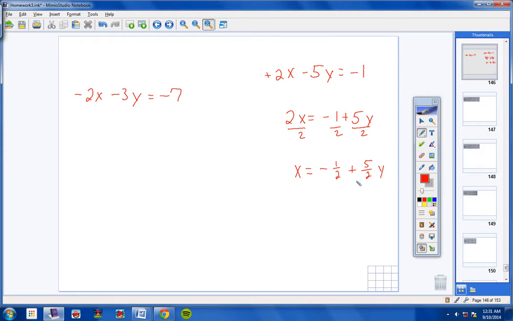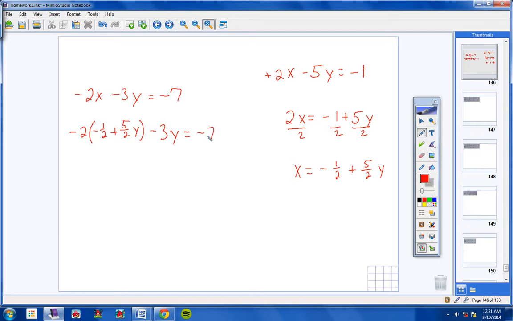Negative 1/2 plus 5/2 y. So I have negative 2, then I have an x, so I'm going to put a parentheses, and then negative 1/2 plus 5/2 y. Now, all of this here went in for x, okay? And then bring down your negative 3y equals a negative 7.